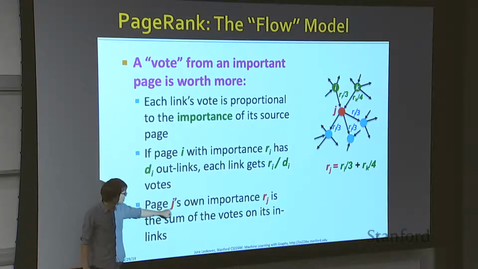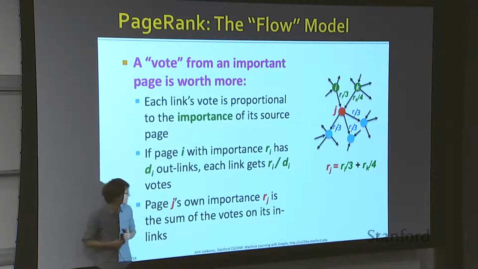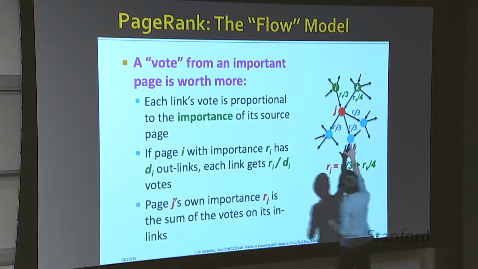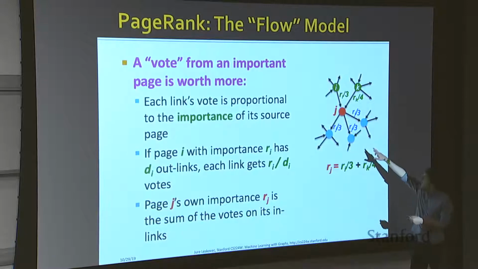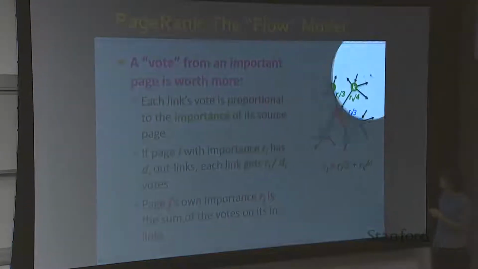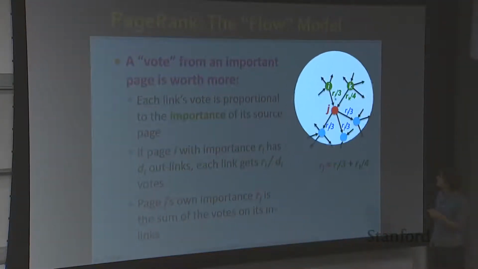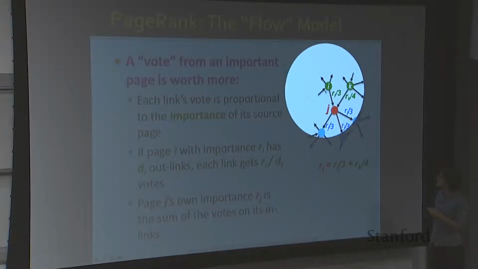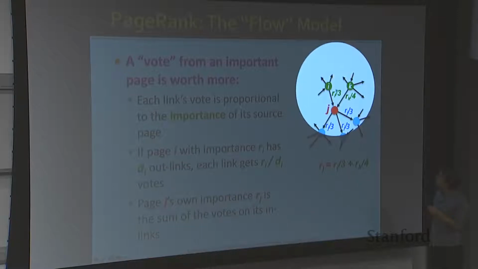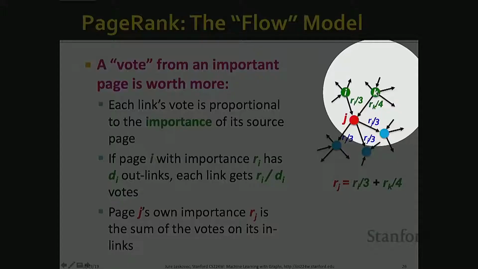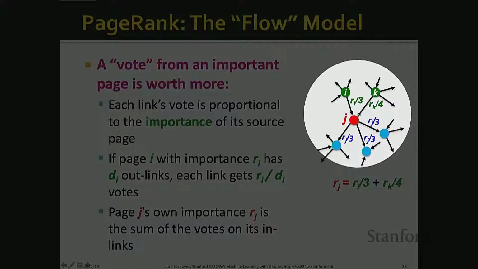And page j's own importance is simply the sum of the votes on its inlinks, right? To show you here, this node j will take 1/3 of the importance from node i. Why 1/3? Because i has 3 outlinks. It will get 1/4 of the importance of k because k has 4 outlinks, and it will sum that up, and that's j's own importance.